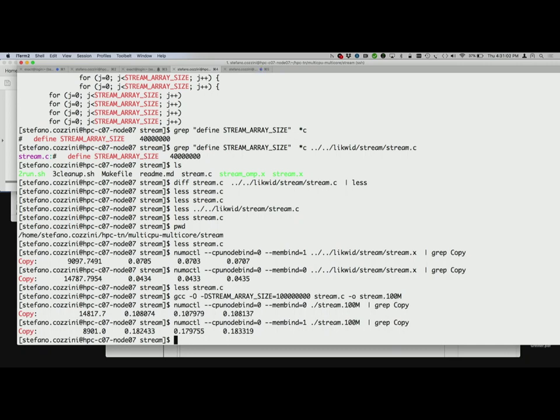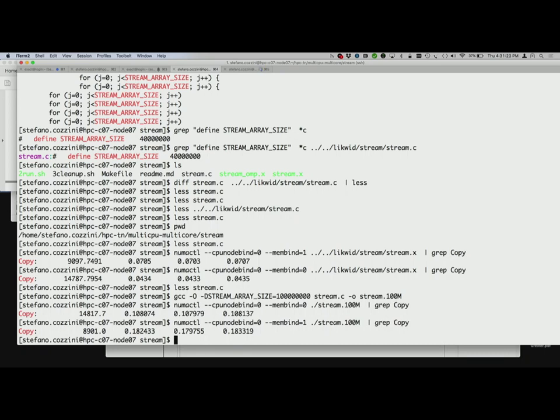What is interesting is why, when we had the small array, the caching mechanism was acting better with the memory.